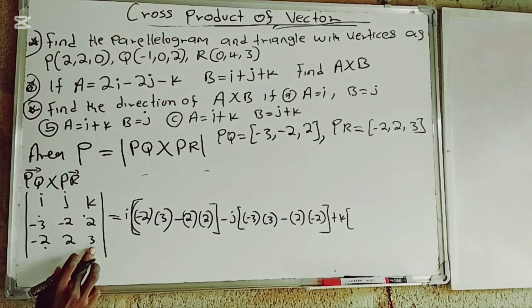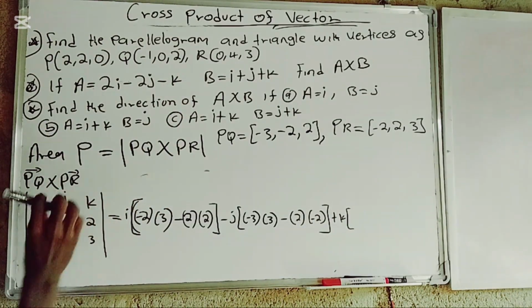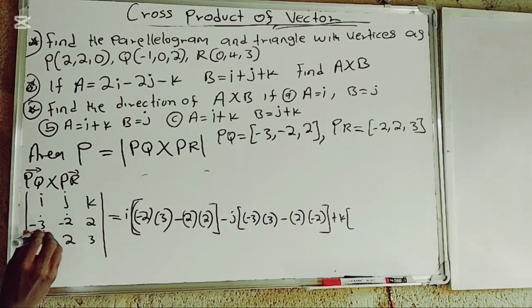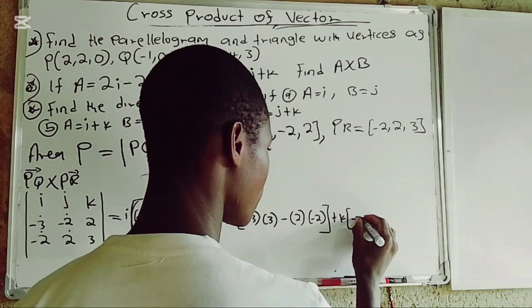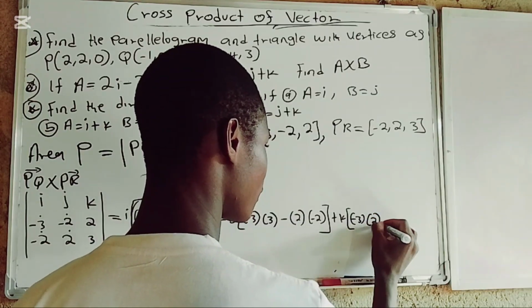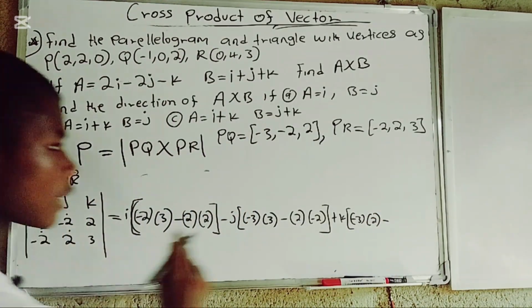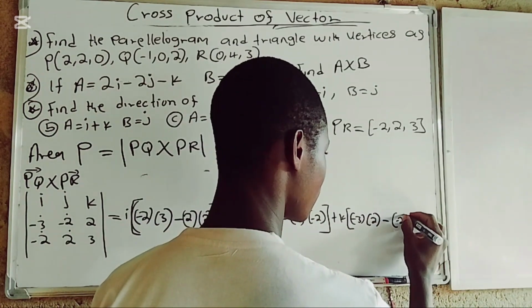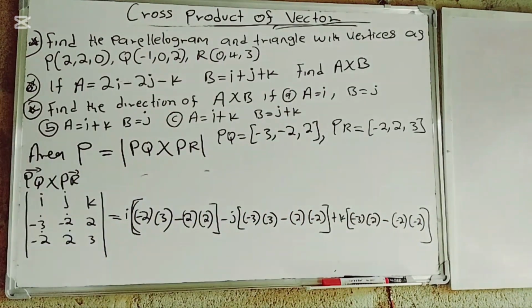Then I will do for k. So for k, I will delete this, I will delete this. I will have this, and this. This multiplied by this, I will now say negative 3 multiplied by 2 minus this and this, which is negative 2, negative 2. Yes.